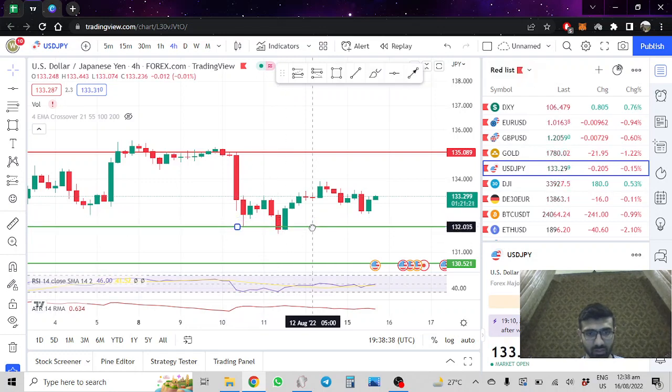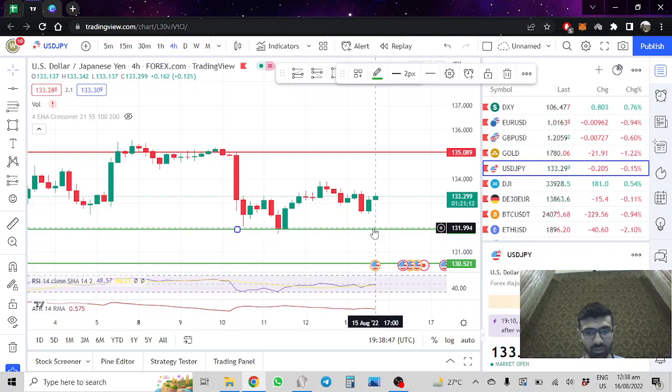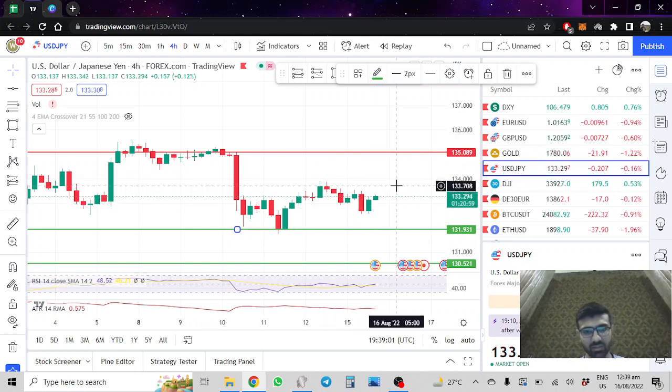So if we drag this area down, let's wait and see if this area is respected again, and if we have a double bottom kind of situation, and if we again have candles like these closing, then we are gonna go for some long trades. But currently we are in the middle of nowhere, so I don't think it is wise to take a trade in USD yen right now. So we just wait and see.